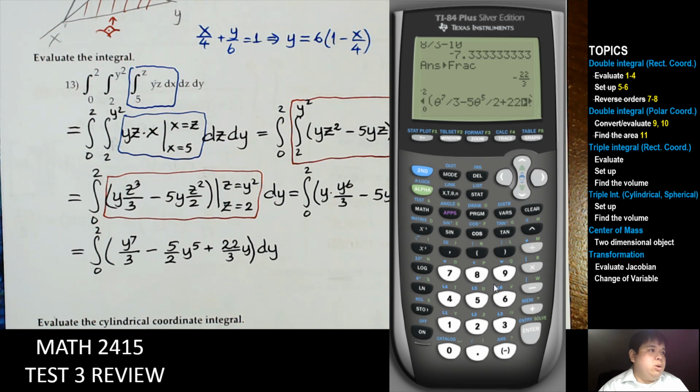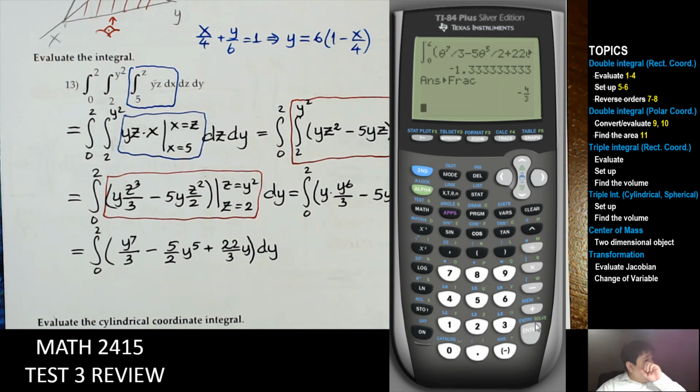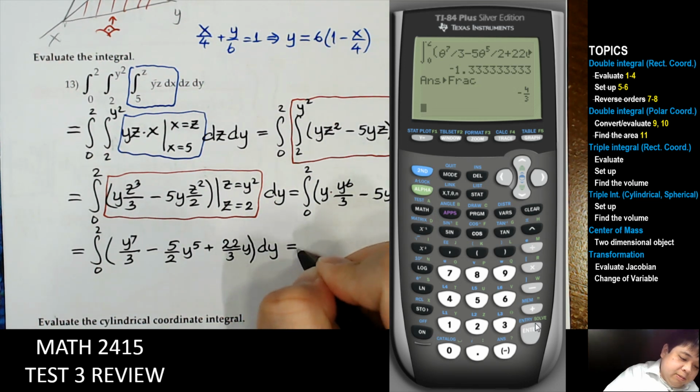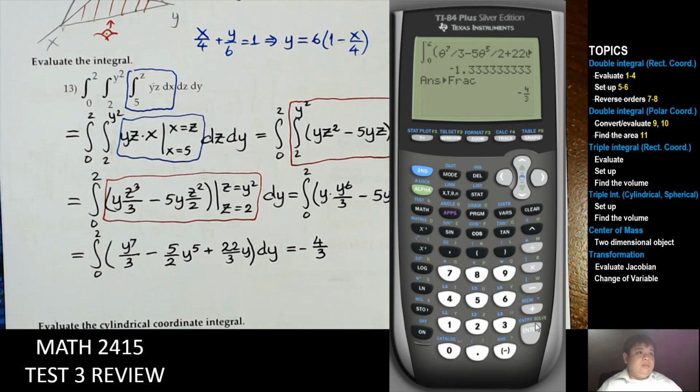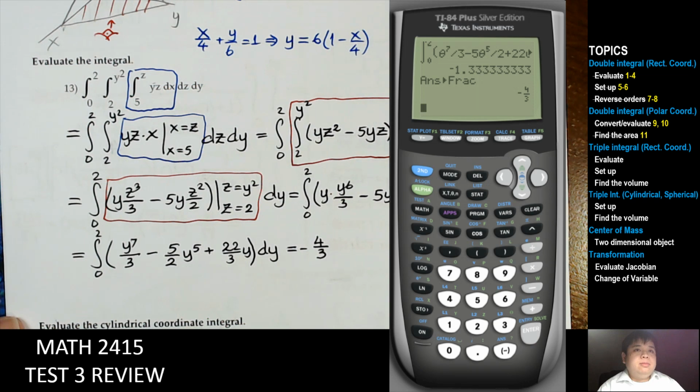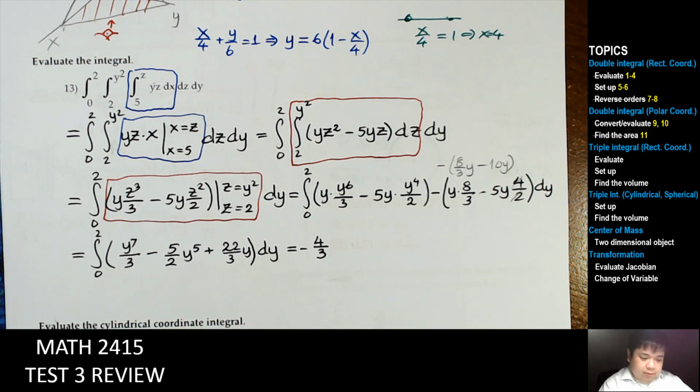Plus 22. And we have negative 4 over 3. Of course, we can just do this by hand, but that's just a single integral. That should be easy. Right?